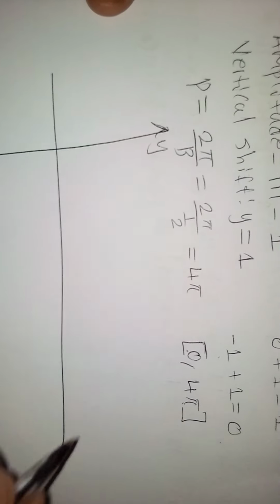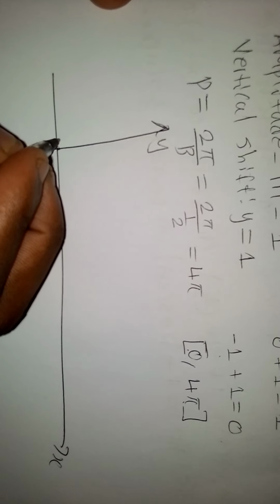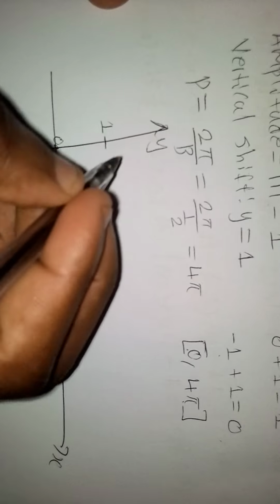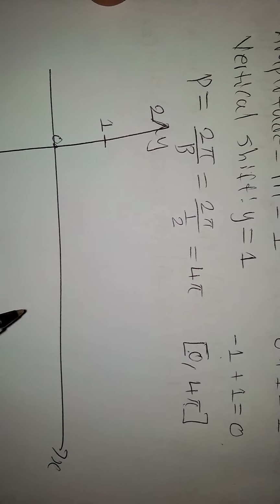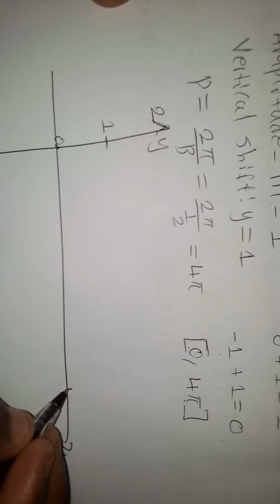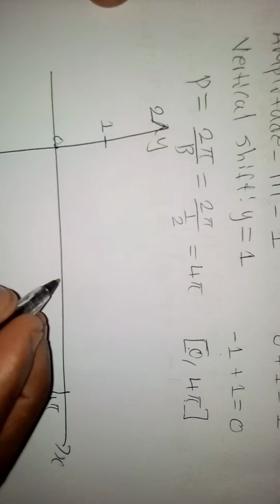We have our y-axis here, our x-axis. So the graph is within 0 and 2, with 1 here. 4 pi is somewhere here, and it's a sine function. The half of this interval is 2 pi.